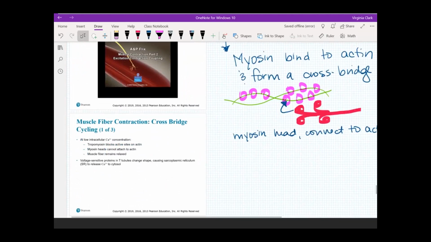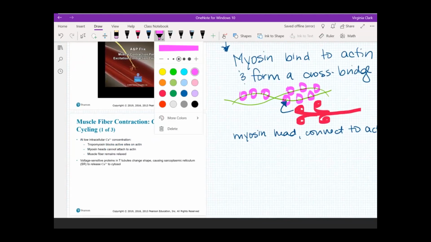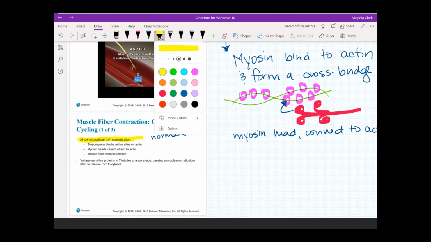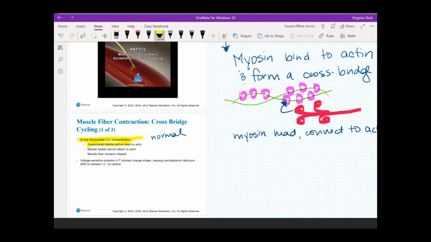So when you have no release of calcium, so when you've got low intracellular calcium, this is normal, no muscle activity. Your tropomyosin will be in place and it will block the actin sites, and the myosin heads cannot connect.